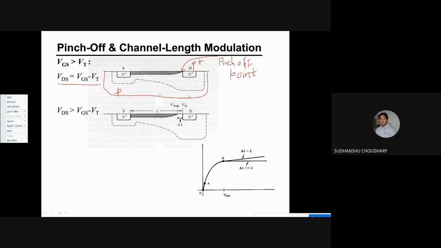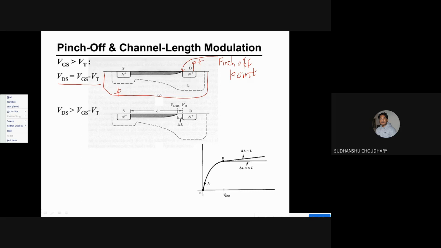So because you are increasing the reverse bias on the drain bulk side, the depletion region under the drain side is also increasing. Now because the depletion region under the drain side is increasing, depletion charges are also increasing here. And for the space charge neutrality principle, one has to reduce charges from the channel.